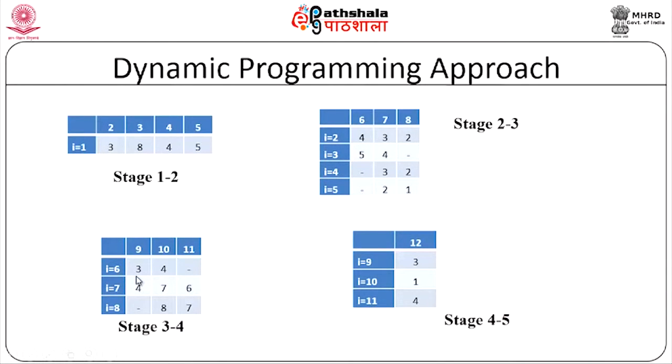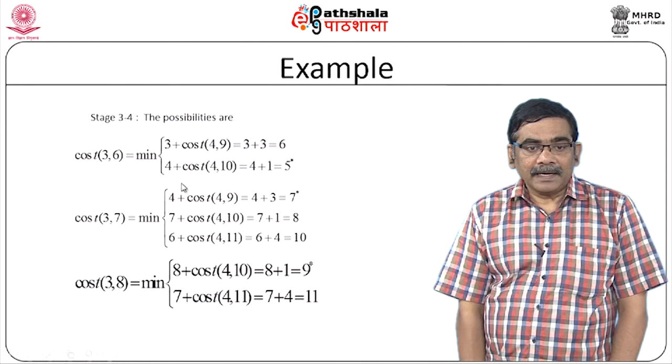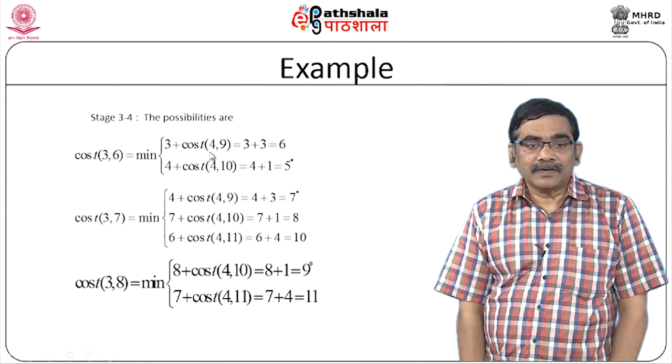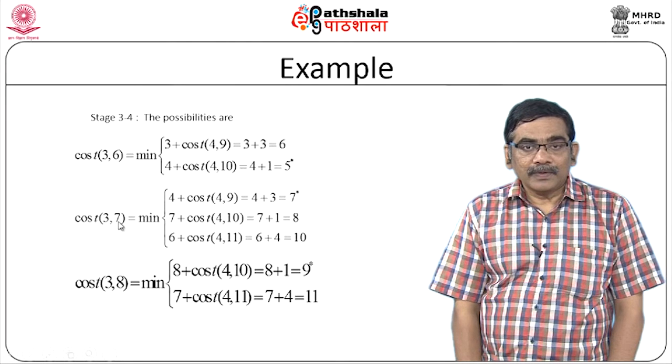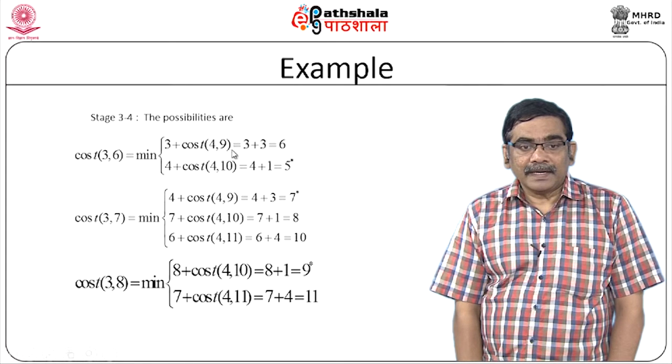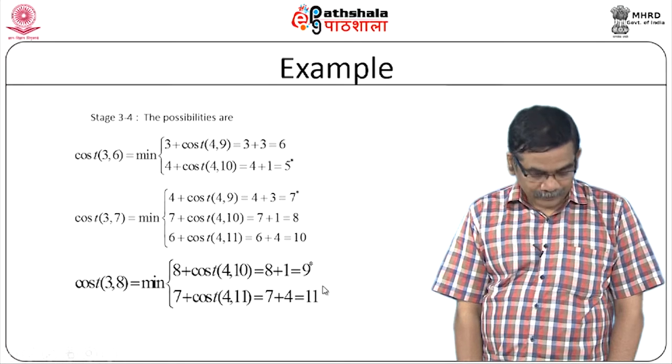So, it is going to be 3, then I have to find the cost of reaching your destination from the node 9. Similarly, I can find via node 7 and node 8. So, now I can compute all the things. Now, you can see very well you have the minimums of everything.